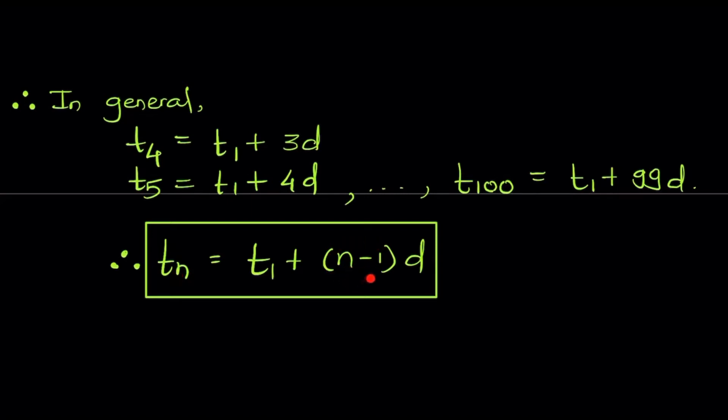So suppose here it is 8, then this will be 8 minus 1, which is 7. So T8 is T1 plus 7 times D, right? So the formula for the nth term is this: Tn equals T1 plus n minus 1 into D.